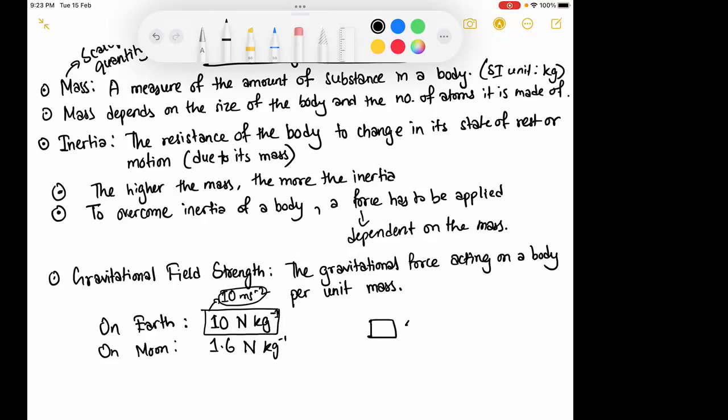Think of an object which weighs 1 kilogram, falling downwards with a weight of 10 Newton. If you use Newton's second law, F equals ma, you see that the acceleration is 10 meter per second square downwards.